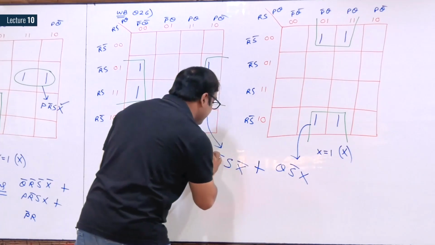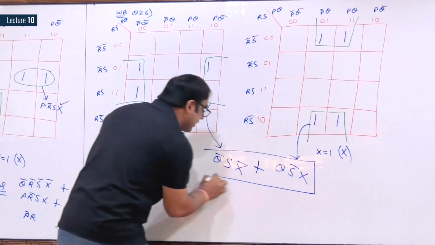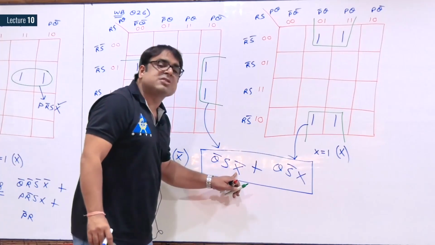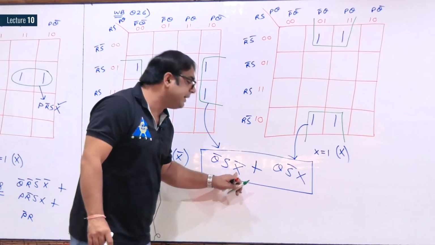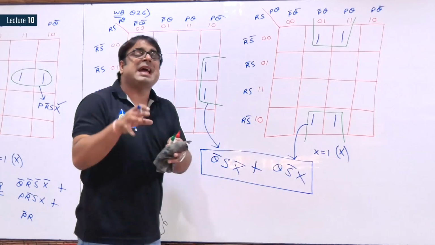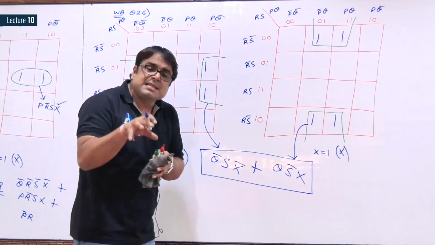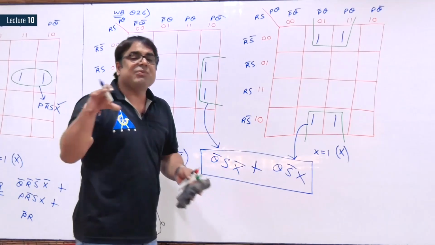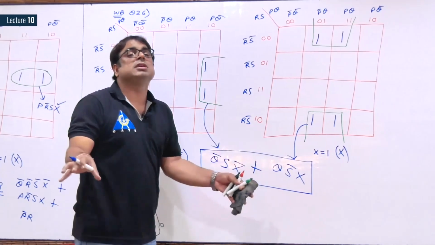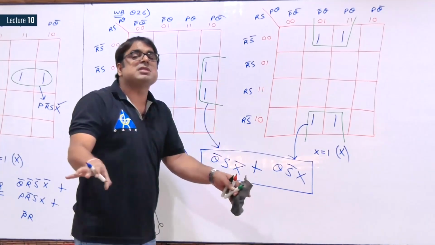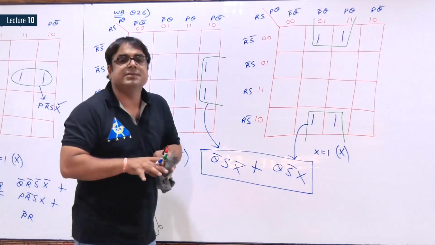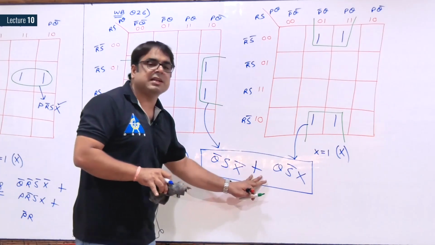So this is the final answer which you can find in your options. This pair is associated with x complement, so we have written x complement. This pair is associated with x, so we have written x. If there is any group which is present in both K-maps, don't use x complement, because x complement plus x will be reduced. So this is the answer to the question.